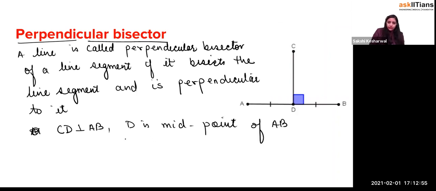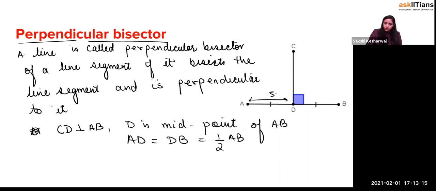So can I say that AD distance is equal to what, beta? DB distance. And can I say that this is half of AB or not? If AB is 10 centimeters, so D will be what, beta? 5 centimeters. This one is 5 centimeters, and AB is 10 centimeters, right?